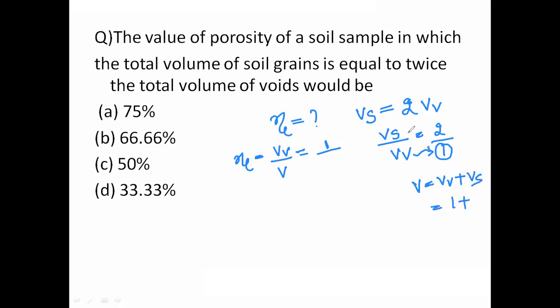Vv is 1. What is Vs? I'm taking 2 parts. So this is 3 parts. I'm doing some aptitude method, not using any formula here. So total volume is equal to 3. Now expressing it in terms of percentage, it comes to be 33.33%. Therefore, the answer for this question is 33.33%.